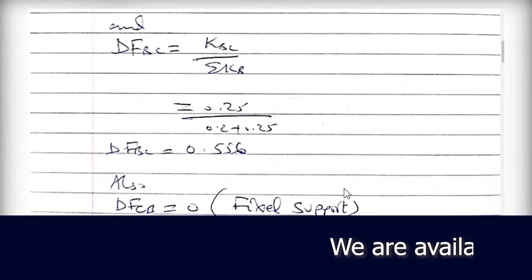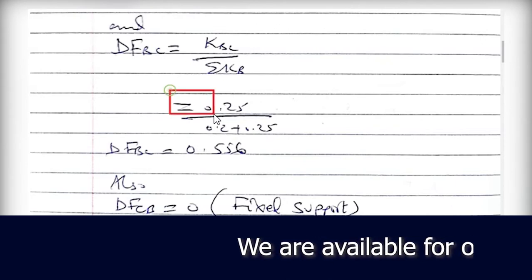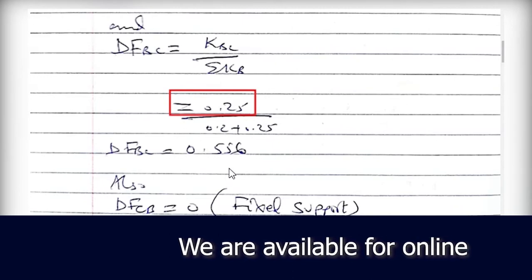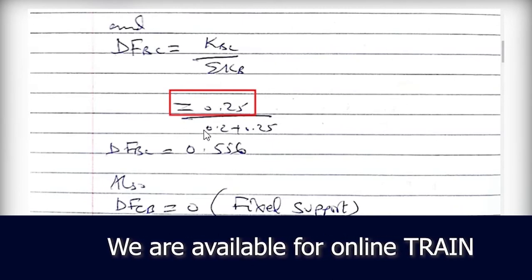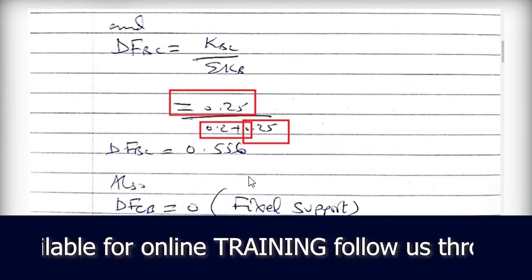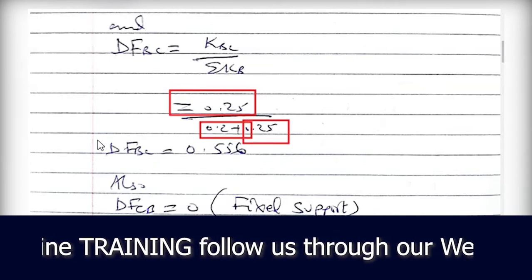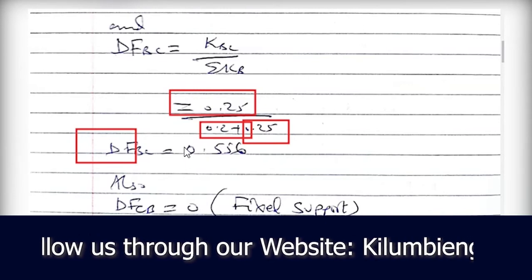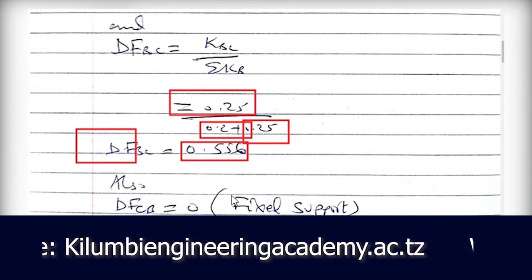What can we get? The right hand KBC is about 0.25 over the summation of K at support B. On calculation you get a value of about 0.556.